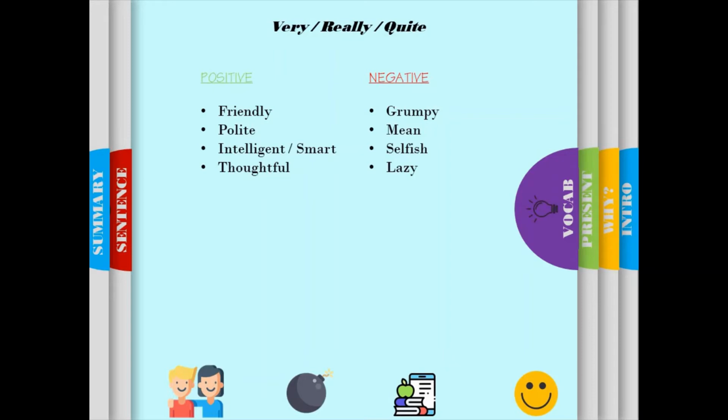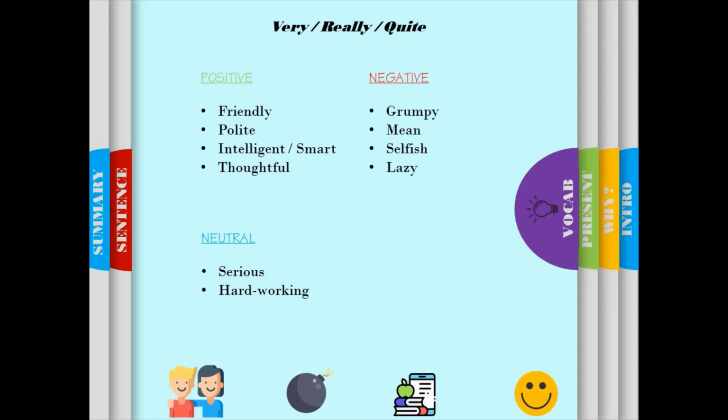Let's have a look at the neutral category. This category, as I said, not really good and not really bad. So the first word we have is serious. This is maybe if you don't like to laugh so much, you don't laugh or smile very often, we can say you are serious.